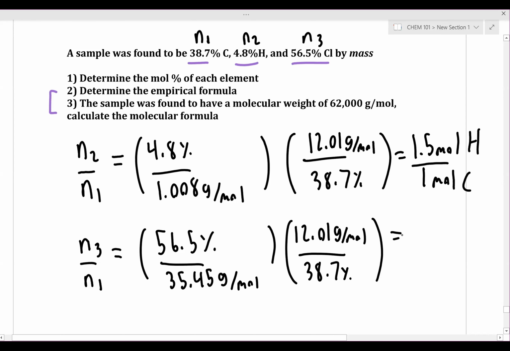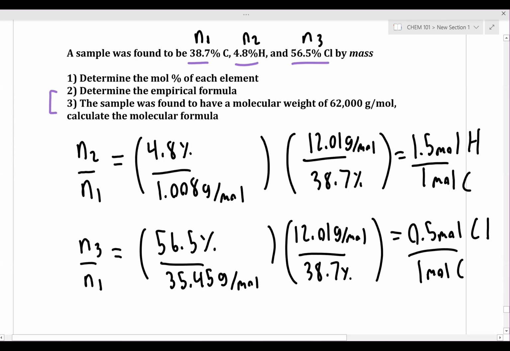And now we're ready to punch this into our calculator. So we're going to take 56.5 divided by 35.45 times 12.01 divided by 38.7. And that in turn gives us a number staggeringly close to 0.5. Exactly. So then we have 0.5 moles of what per 1 mole of carbon? What's N3 represent? Chlorine.